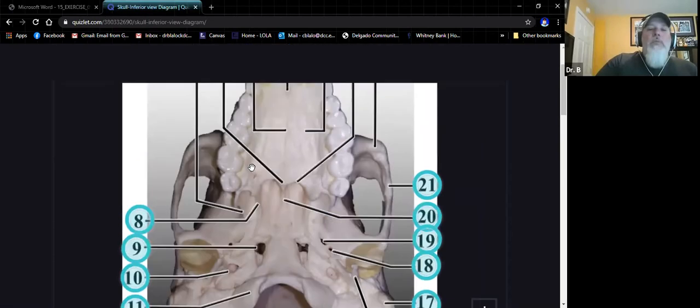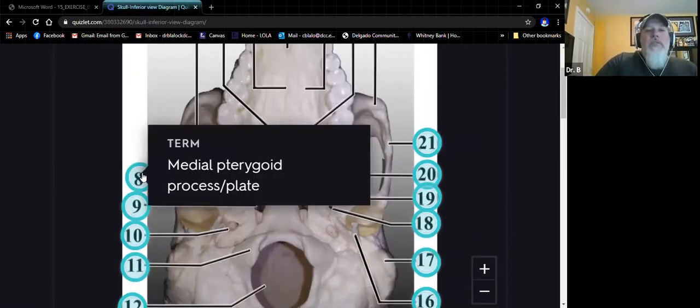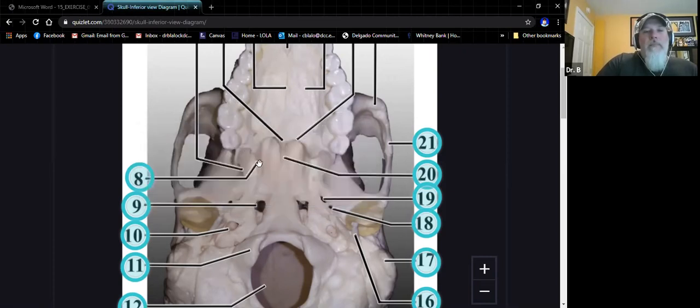Now, pterygoid will give you fits to spell because it doesn't start with a T, it starts with a P. Okay, the P is silent, just like it is in pneumonia. We don't say pneumonia, okay? It's just pneumonia, so it's just pterygoid. So we have the medial right here, and there's another medial right here, and then we have the lateral one right here, and the lateral right there.